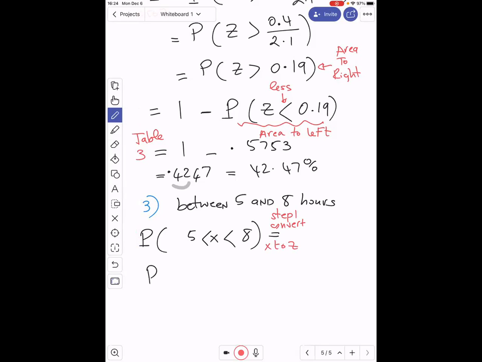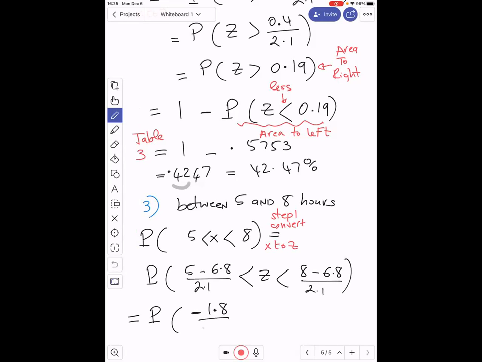So this is probability that, so 5 minus 6.8 over 2.1. This is Z now. And then 8 minus 6.8 over 2.1. So this is probability that, so this is negative 1.8 over 2.1. This is Z, then less than, this is 1.2 over 2.1.